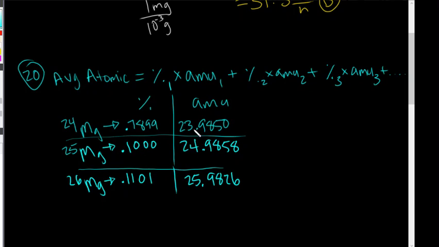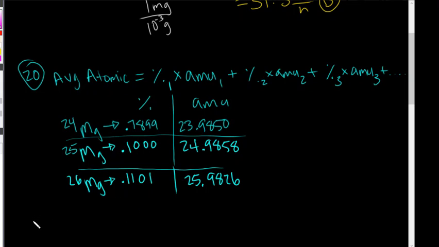So it might be right around 24. Looking at the periodic table, the average mass is 24.305. So that gives you the answer in this case, but let's work it out. I just got that number from looking at the periodic table.